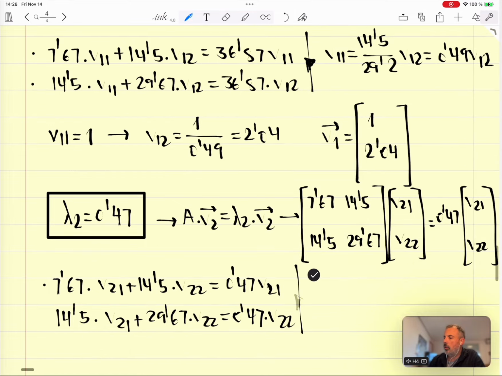Putting those both together, we get that V21 equals 14.5 divided by minus 7.2, V22, equal minus 2.01 V22.